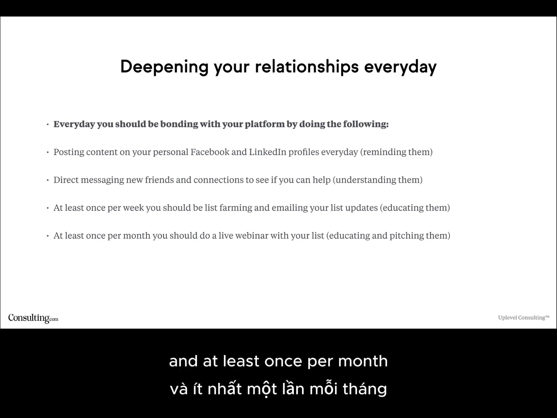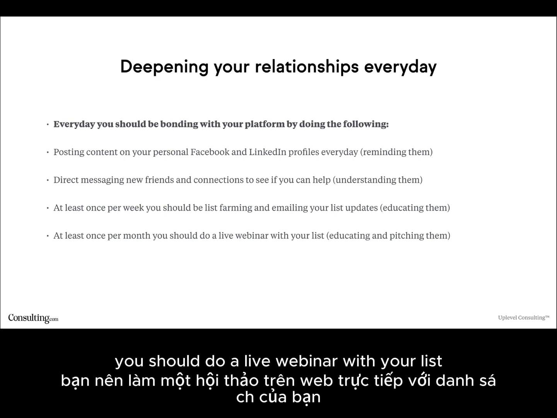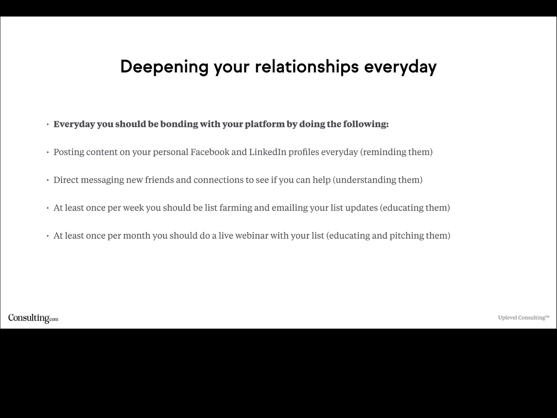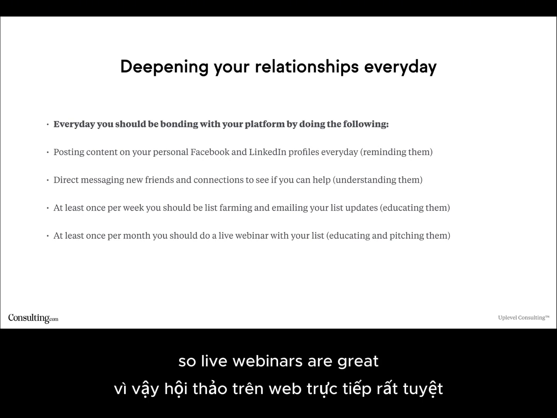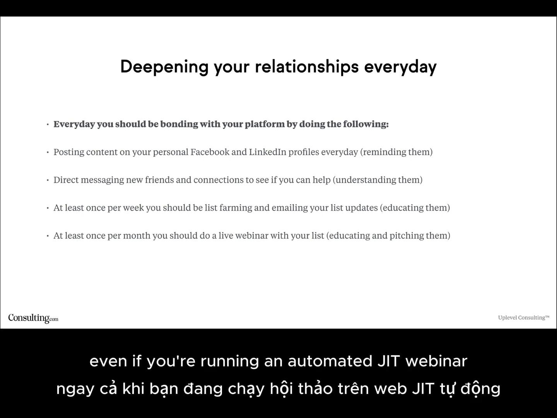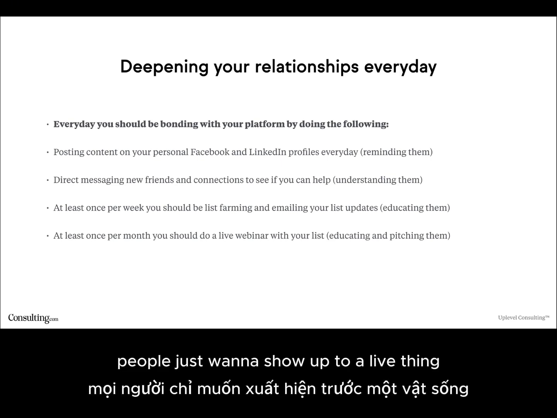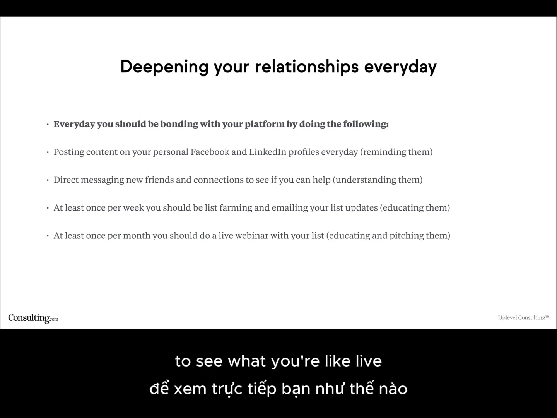And at least once per month, you should do a live webinar with your list, and this both educates them and pitches them at the same time. Live webinars are great, even if you're running an automated JIT webinar, because sometimes people just want to show up to a live thing to see what you're like live.